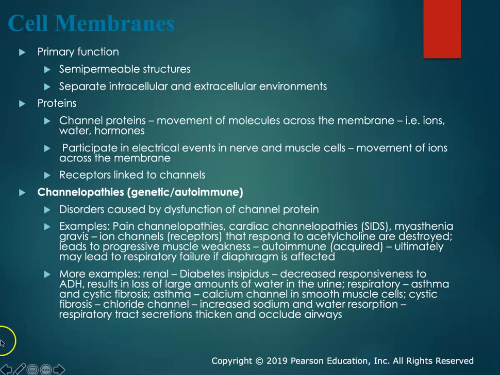More examples. A renal channelopathy, diabetes insipidus, which we mentioned in a previous chapter, where you have decreased responsiveness to ADH. That results in a loss of large amounts of water in the urine. There are respiratory channelopathies associated with asthma and cystic fibrosis. In asthma, a calcium channel is affected in smooth muscle cells.